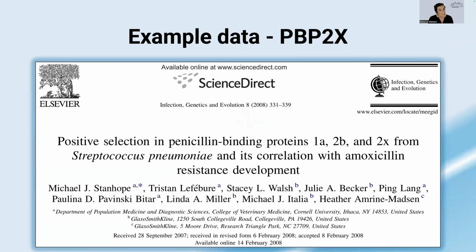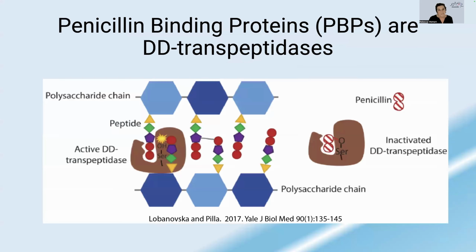So the example data we're going to use is based on this publication by Stanhope et al. from 2008, and they looked at the penicillin-binding proteins. We're going to specifically look at PBP2X, but for some background data, each bacterium has 6 penicillin-binding proteins.